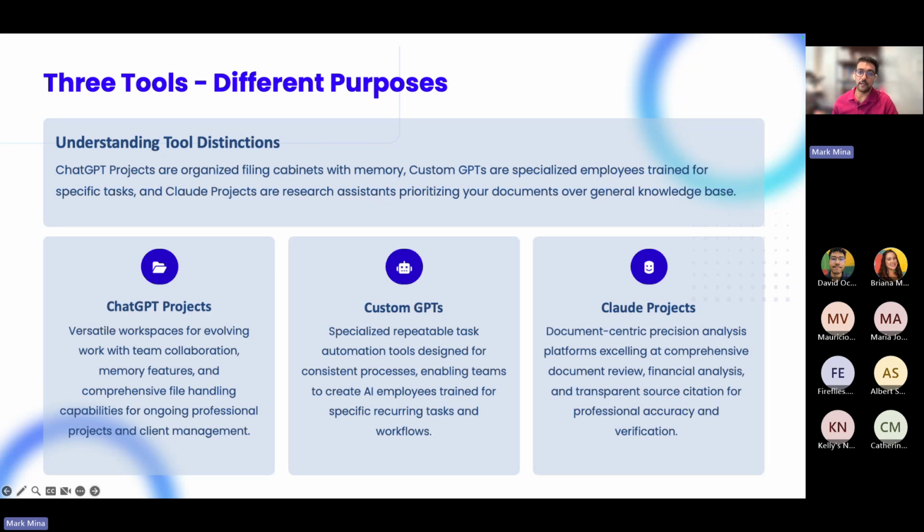It's critical to know the differences between ChatGPT projects and custom GPTs, because they have different use cases, and the way you set them up is slightly different as well. And Claude Projects is a great research assistant. It's great at finding information within documents, and the way it processes data is a little bit different.